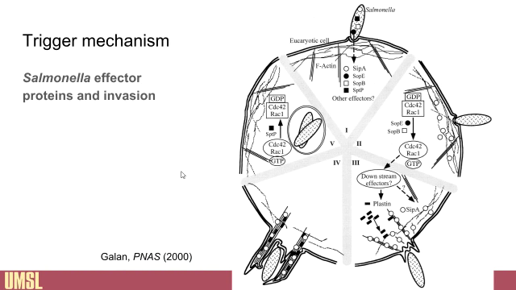So what goes on then is that in this diagram here, Salmonella interacts with an enterocyte, injects these major effectors, CipA, SopE, SopB, SPP.